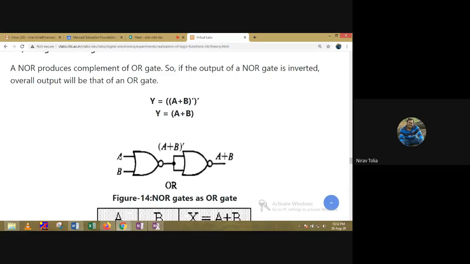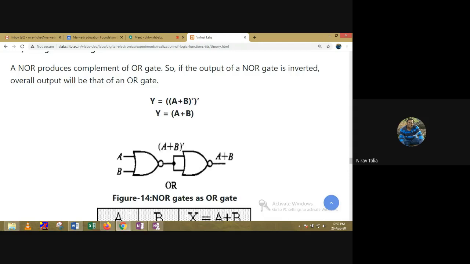Okay. So here my input is A plus B. The output of the first NOR gate is A plus B whole bar, as we all know. Now I am giving the output of the first NOR gate to another NOR gate.